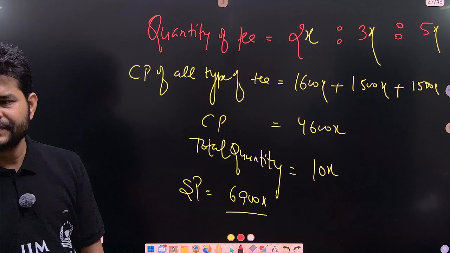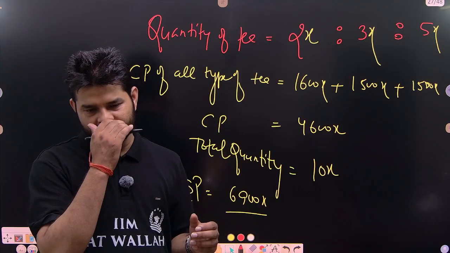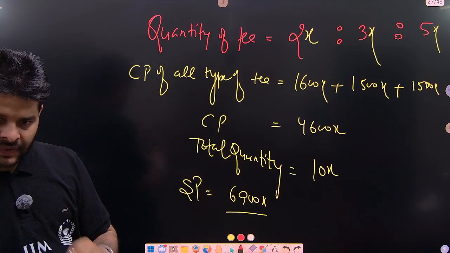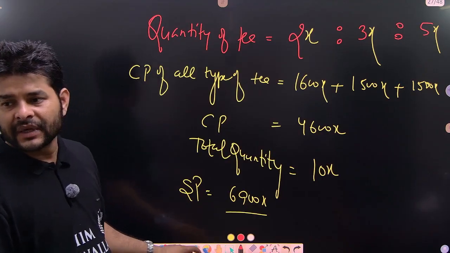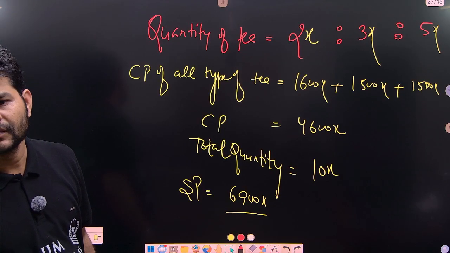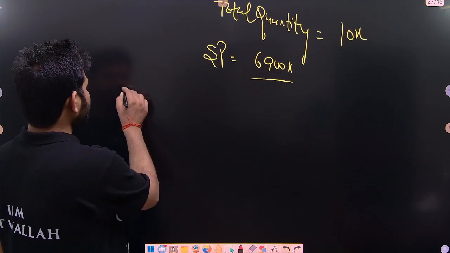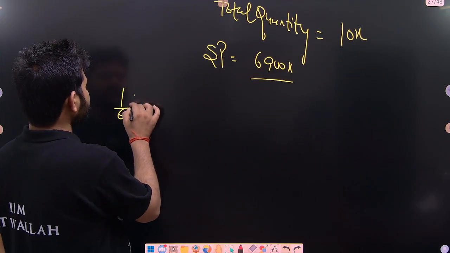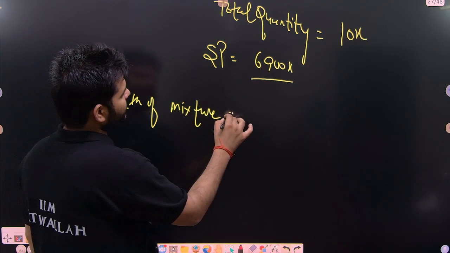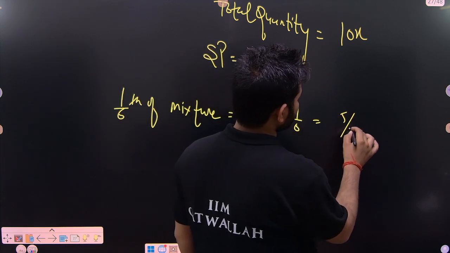First he mixes them, then he sells at what rupees per kg? 1/6 of the mixture. So the total mixture that we have is 10x, and 1/6 of this would be 5/3x.